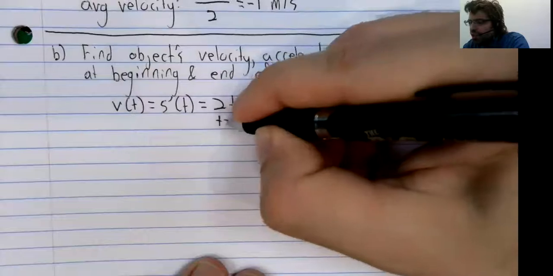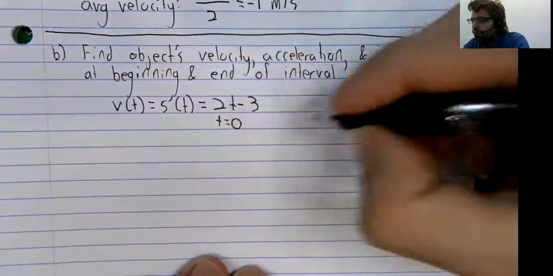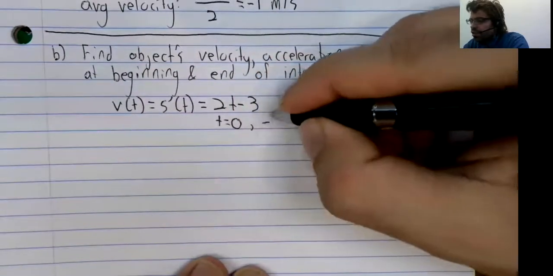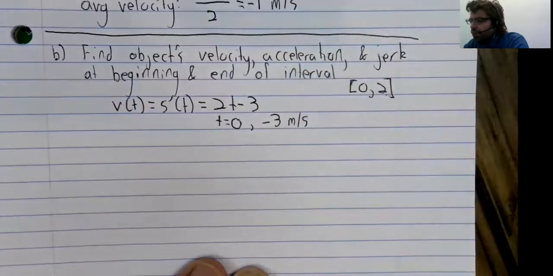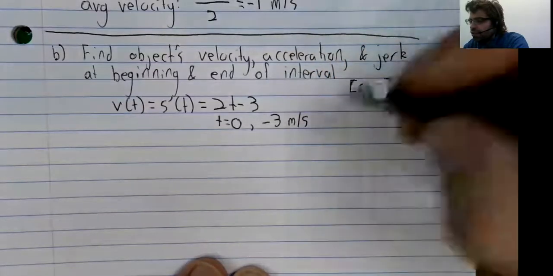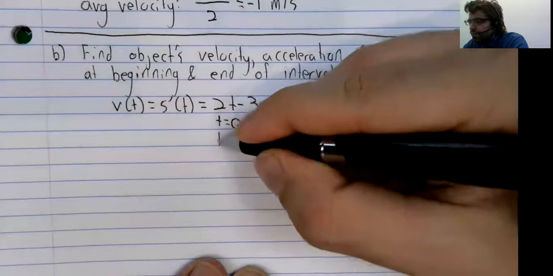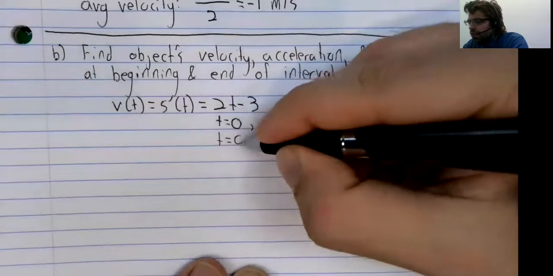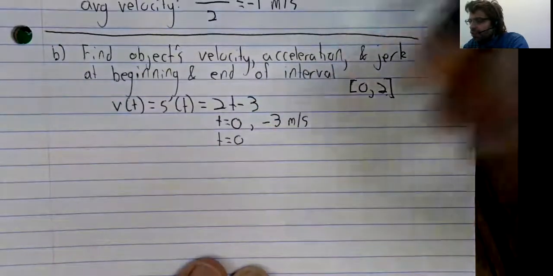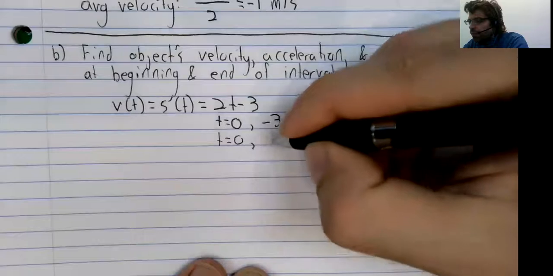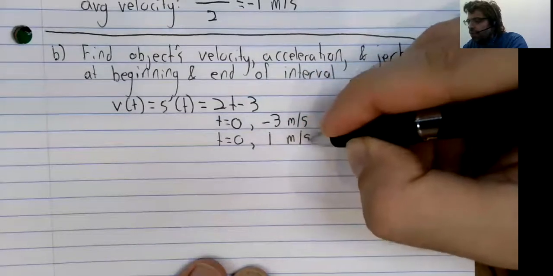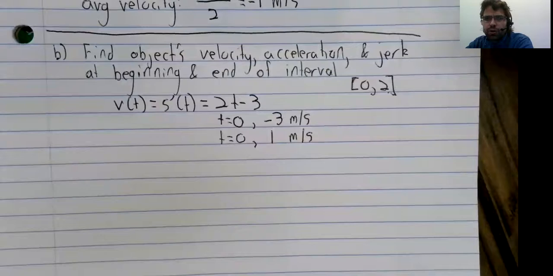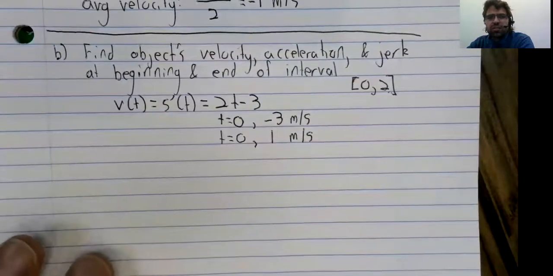So at the beginning of the interval, the velocity was -3 meters per second. At the end of the interval, it was moving at 1 meter per second.